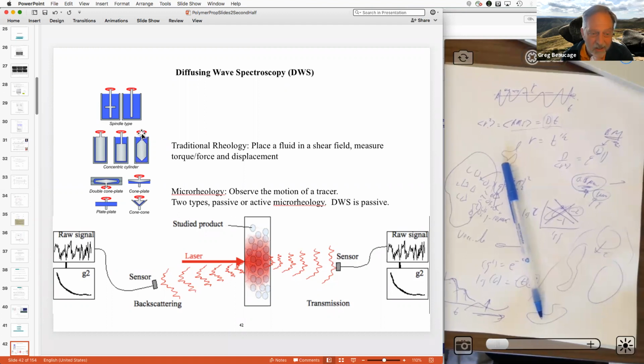If you want really high frequency or really high spinning speed, there's a big problem, because once you get wall slip, the number isn't realistic. So for mechanical rheometry, there are limits at high frequency. And you want to know high frequency because that's where a lot of the action is.